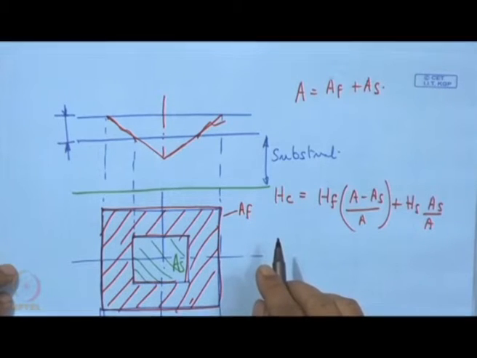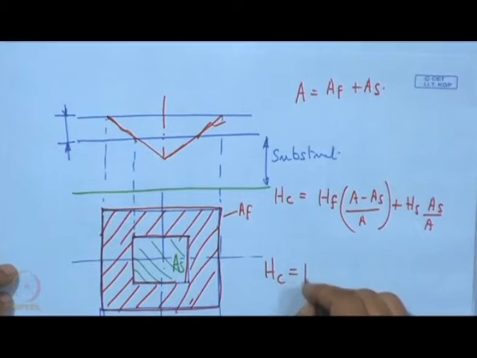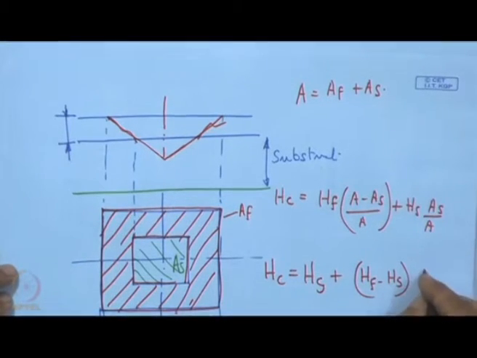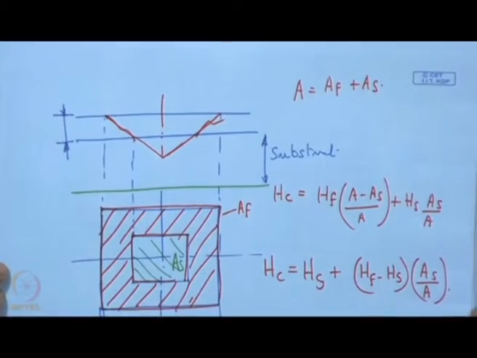we can also write in this way that HC is going to be HS plus HF minus HS into AS by A. So, from this relation we can find out this one, HS.